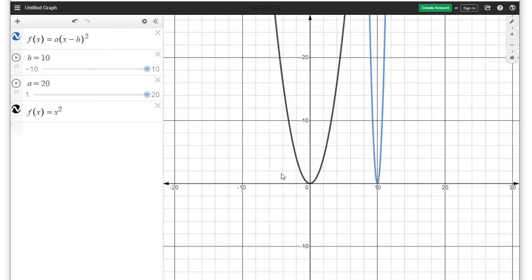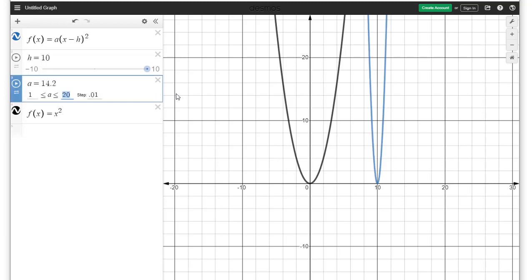Let's also try observing what a will do. And I'm going to change my slider from negative 10 to 10 on the a value.